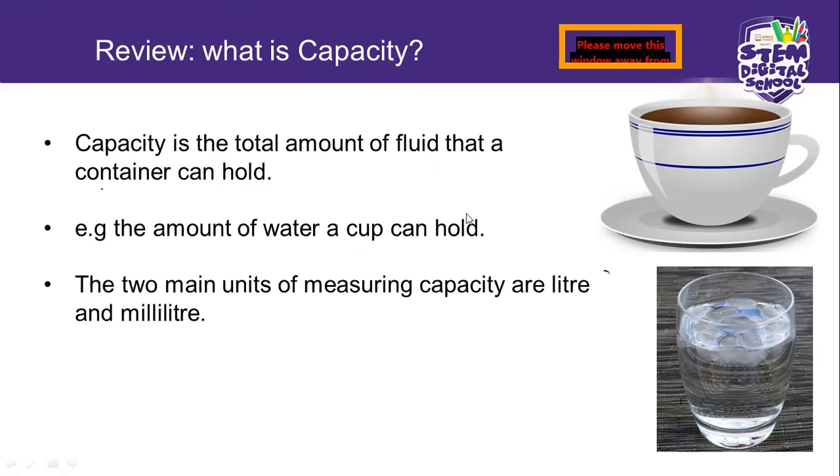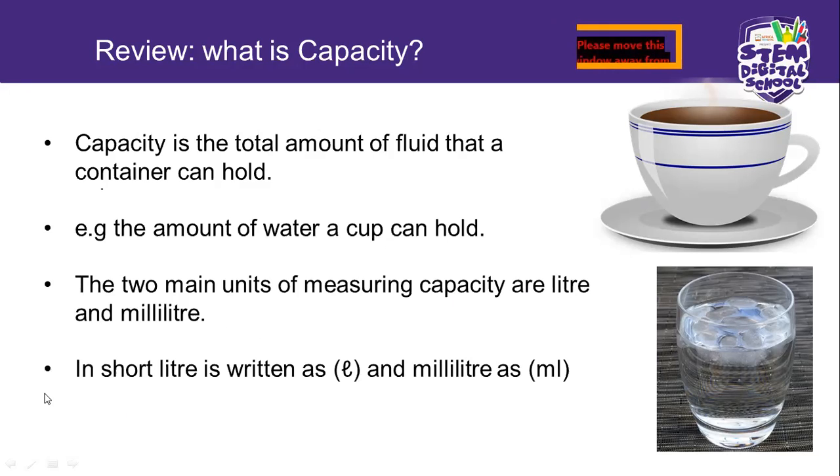We say that there are 2 main units of measuring capacity, and they are a liter and a milliliter. In our homework, we were talking about liters and we were also talking about milliliters.